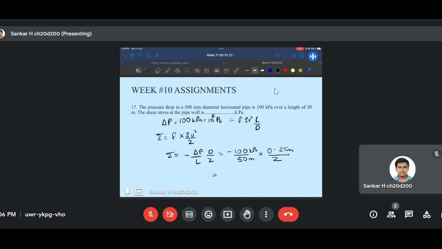And you'll get this as 0.25 kilopascal. And this is the shear stress at the pipe wall.